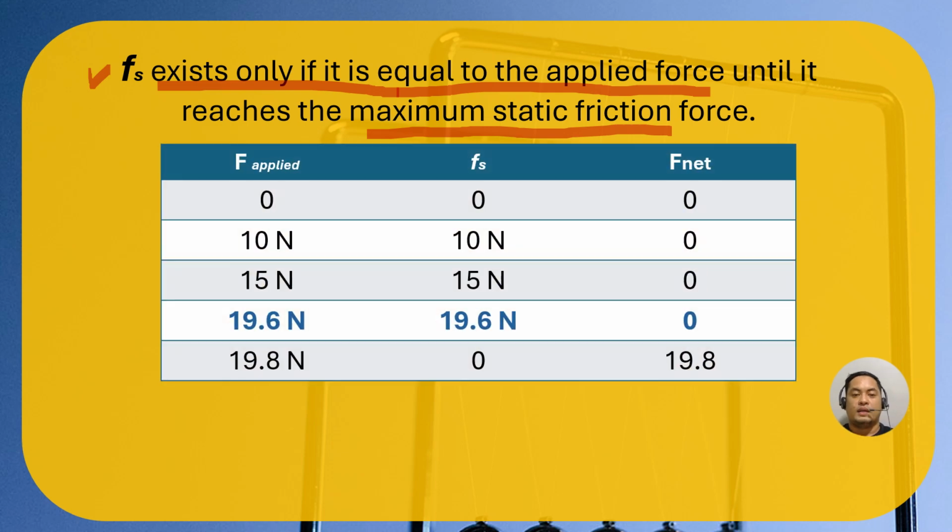For example, no force applied, of course, no static friction, and then no net force. Remember, if the net force is zero, the forces are balanced, and if the forces are balanced, there's no motion. Okay.